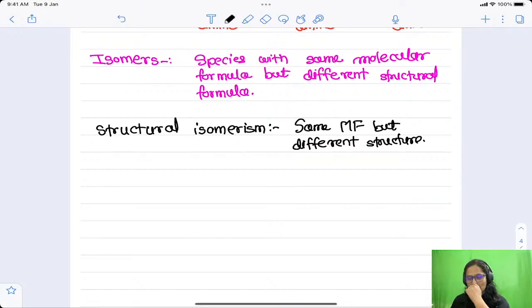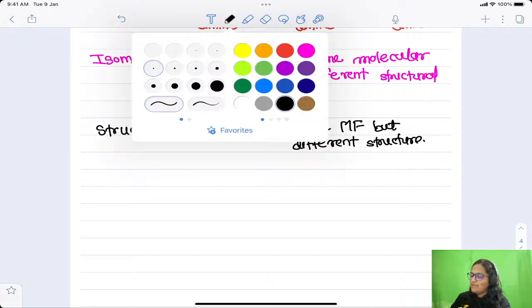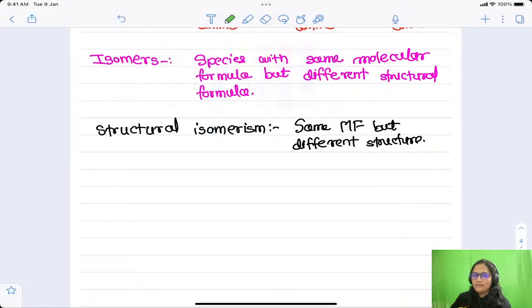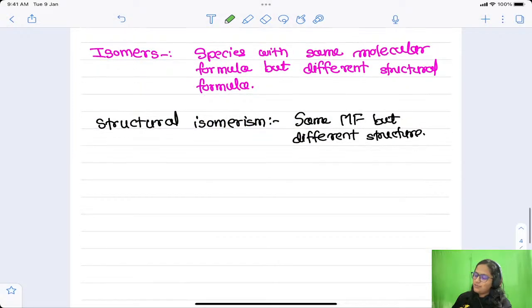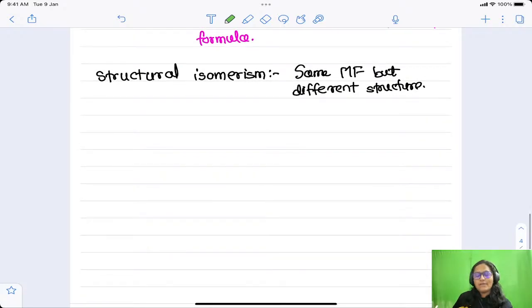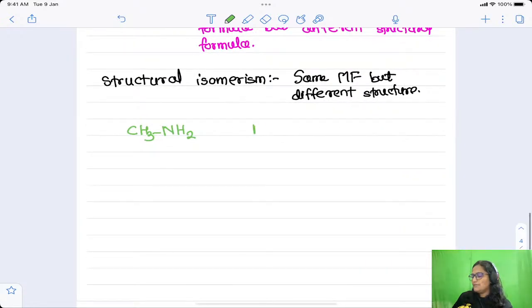Let us see. I will start one by one, and then you will be able to understand the isomerism in detail. The simplest amine I will write down is CH3NH2. In this case, there is no possibility of writing isomers. Therefore, CH3NH2, that is methylamine, shows no isomerism.